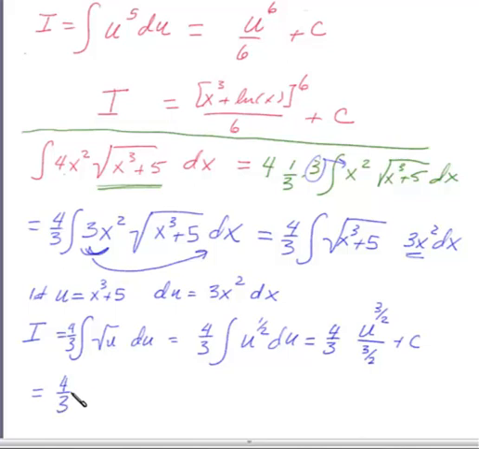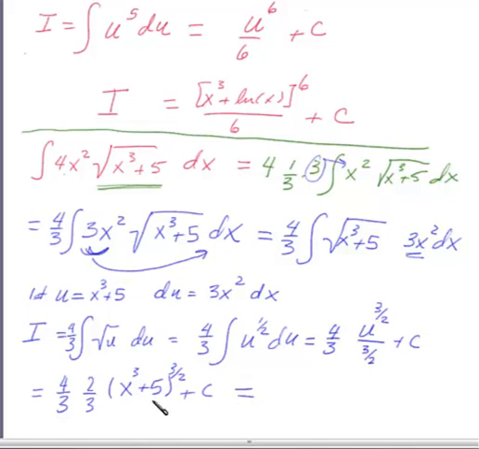That's the 4/3. Instead of dividing by 3/2, we multiply by 2/3. And instead of u, well, u is really just a substitution for x cubed plus 5. So I'm going to put x cubed plus 5 in here, to the 3/2 power, plus a constant.